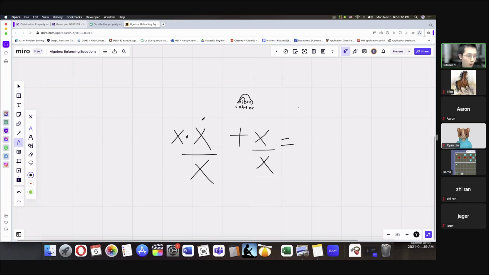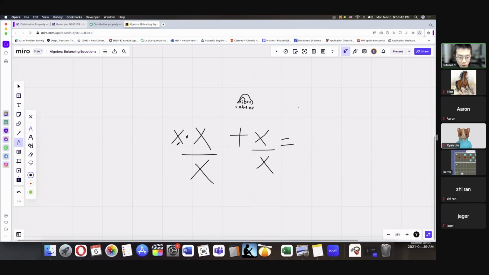If I asked, what is a million divided by a million? 1 million divided by 1 million is 1. So if you divide any number except for 0 by itself, you get 1.